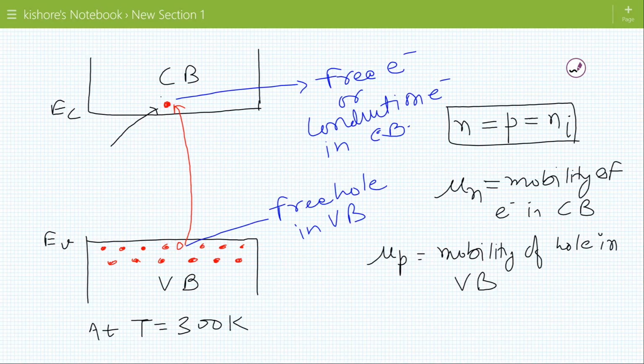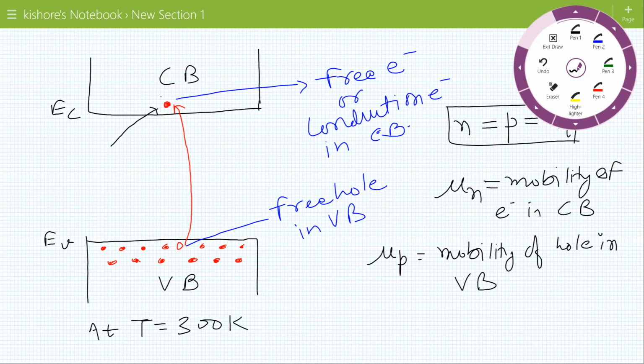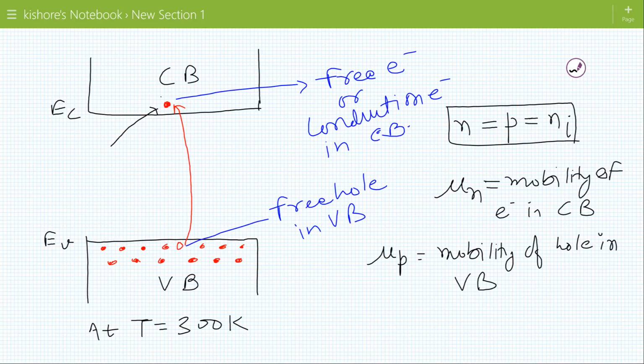The free electron in the conduction band is not surrounded by any other charged particles, and in the valence band this hole is surrounded by all the valence electrons. So the mobility of electrons in the conduction band is greater than the mobility of holes in the valence band.